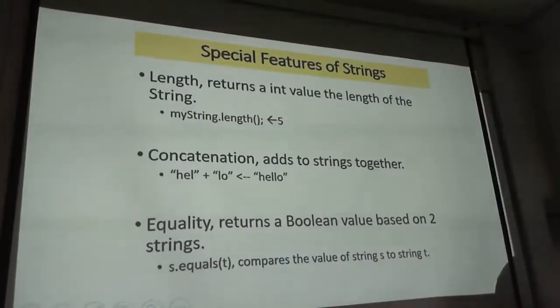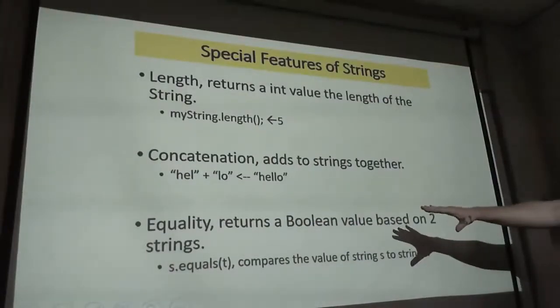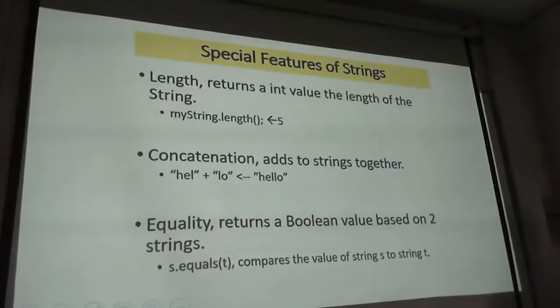If I want to check to see if one string is the same as another string, I can't use double equals. That doesn't work for me, because double equals, for checking if the left-hand side is the same as the right-hand side, only works on primitive data types or primitive variables. It works on int, double, boolean, float, long, short and byte, but it will not work on complex ones.